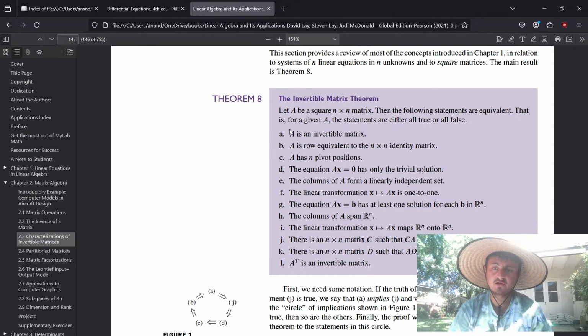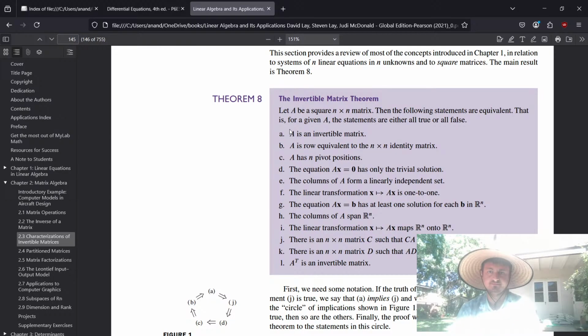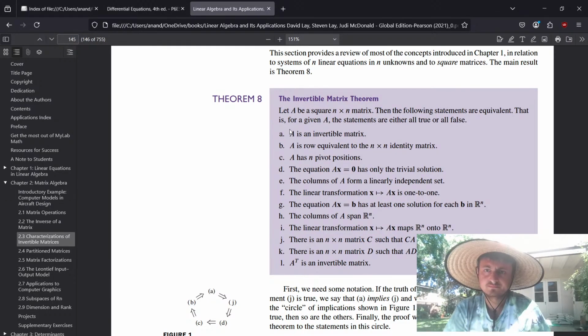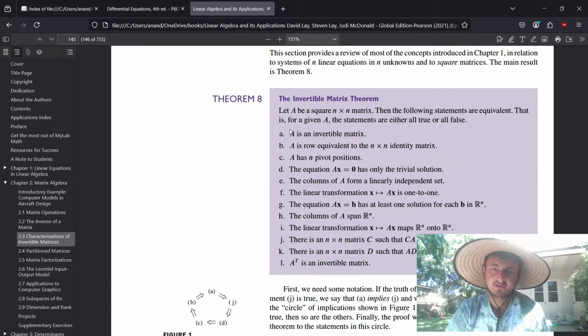The columns of A are linearly independent. Oh, and it's important that A is square, because otherwise these are not all equivalent.